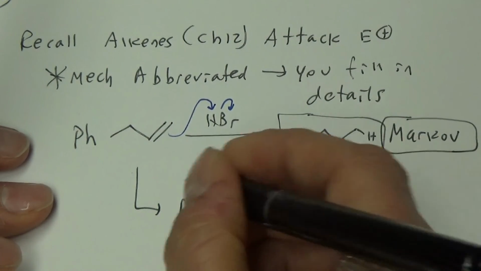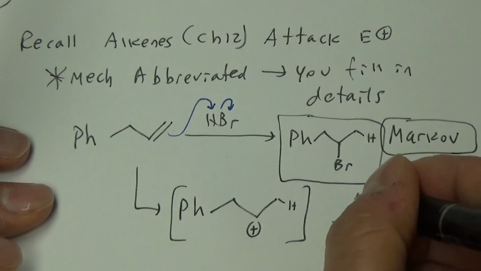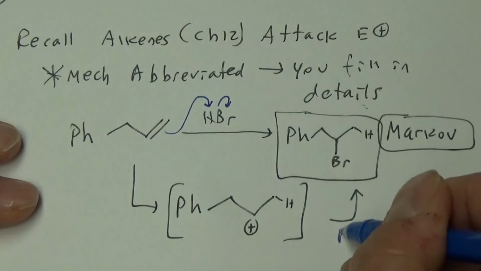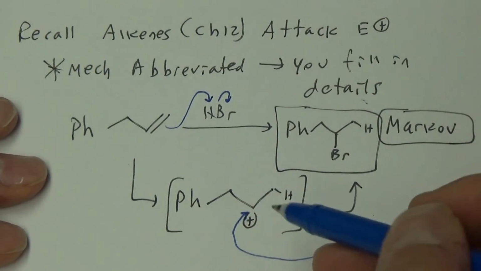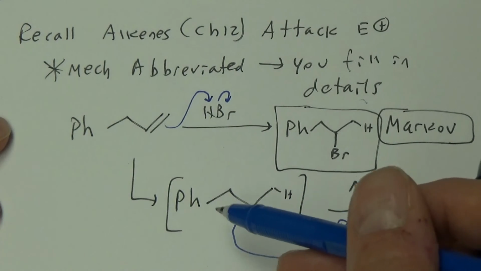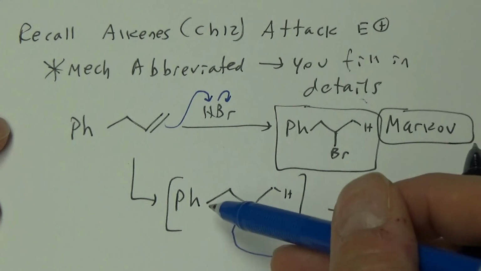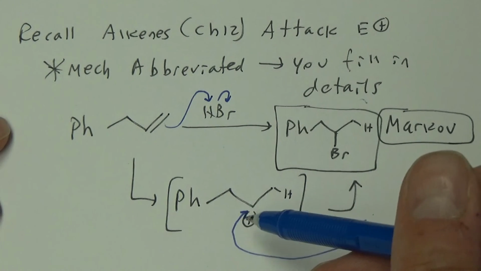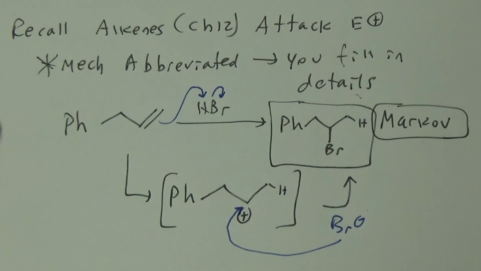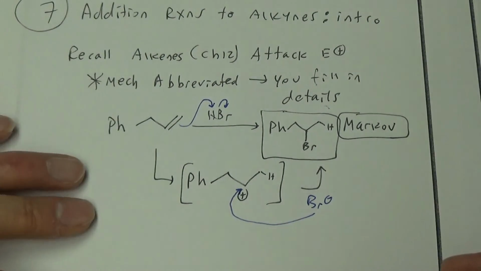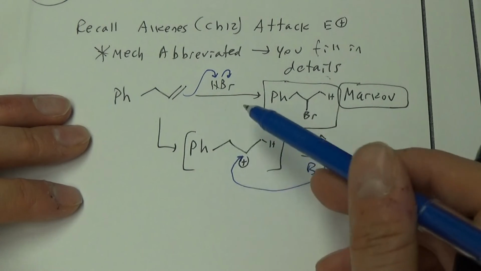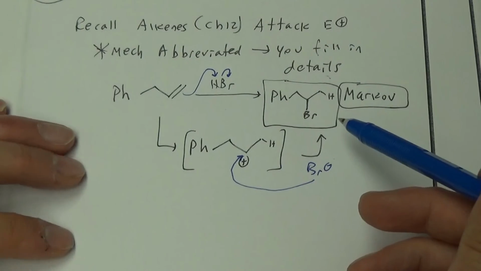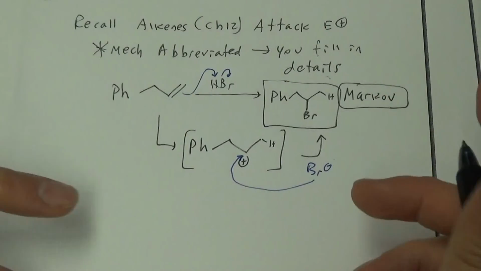Of course, there's our H. And then Br minus can attack that. What's Ph? Ph is a benzene, right? So if I wanted to draw this, I would just draw a benzene hanging off at this position. So it'd be benzene and then 3 carbons. All right. So that was one of the first examples from chapter 12, Markovnikov hydrobromination of an alkene, right?